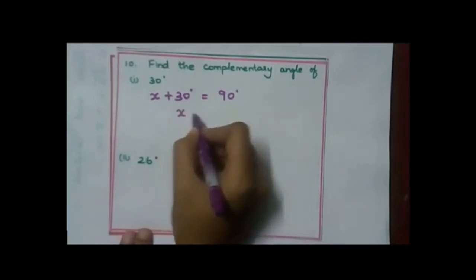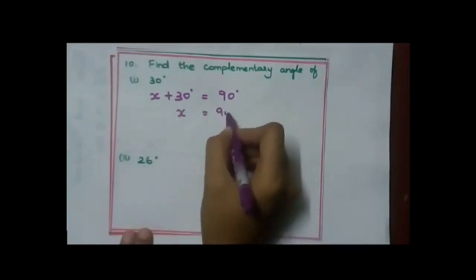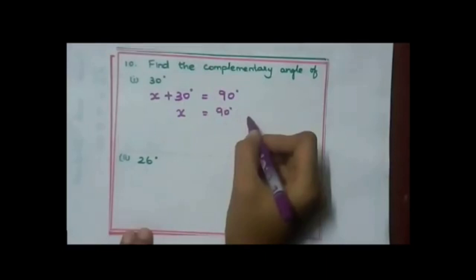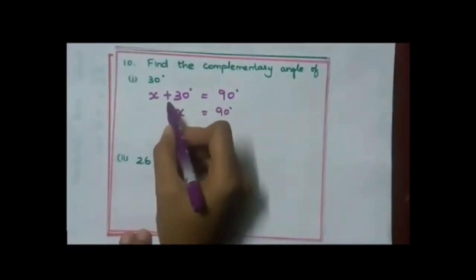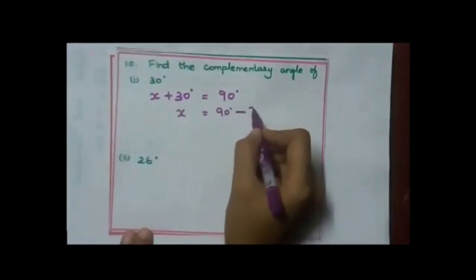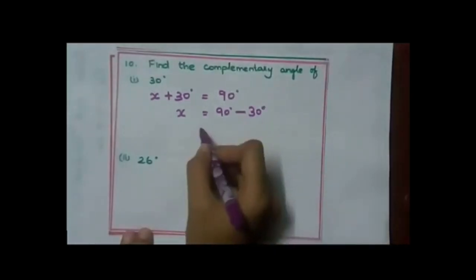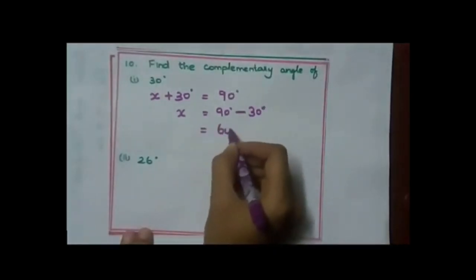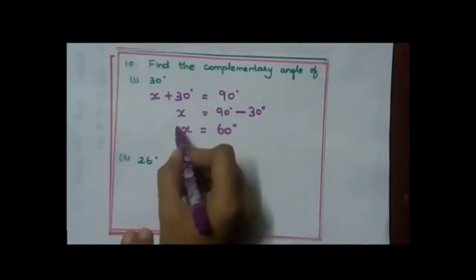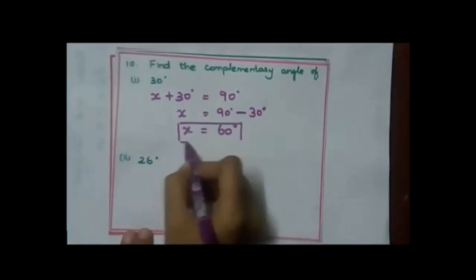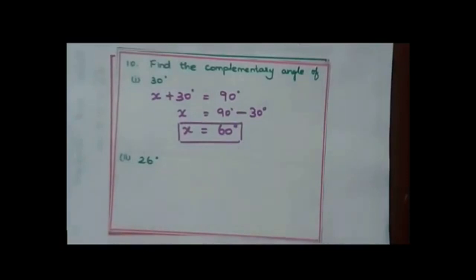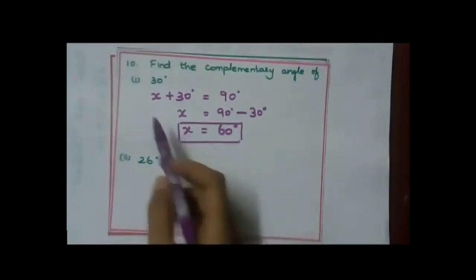So write X here. I am bringing this 30 degree to the other side. 30 is in plus sign, so it will become minus 30 degree on this side. So 90 minus 30, I'll get 60 degree. So what is that angle? 60 degree. The complementary angle to 30. Is it clear?